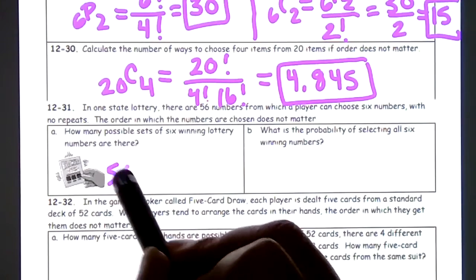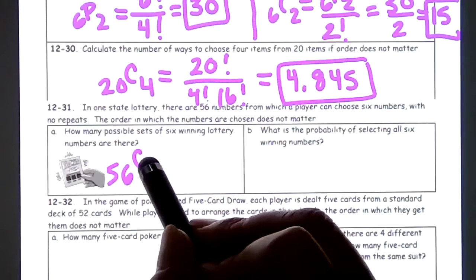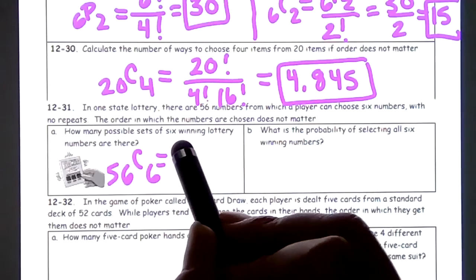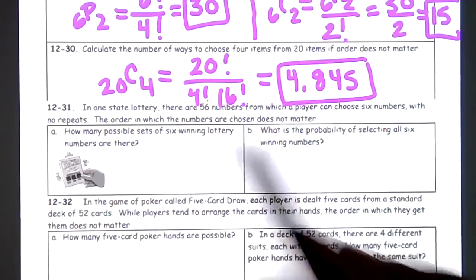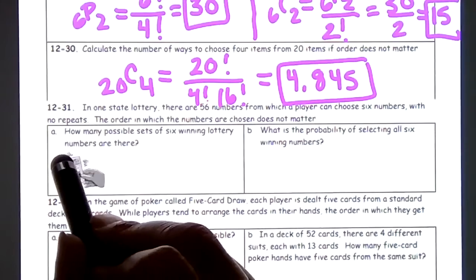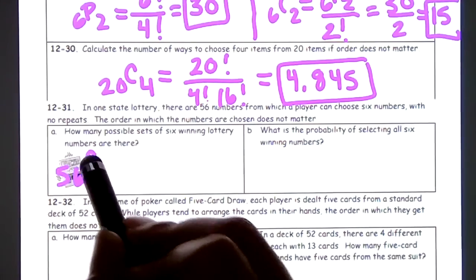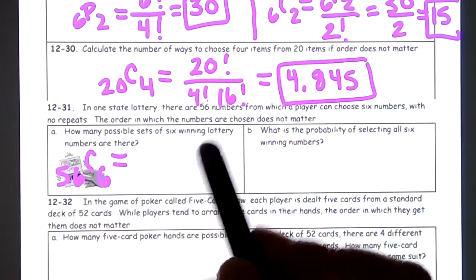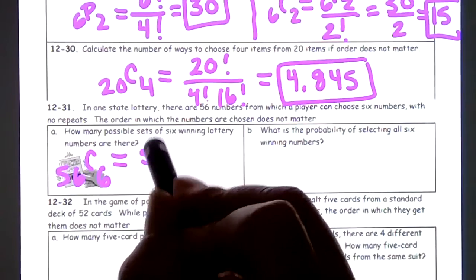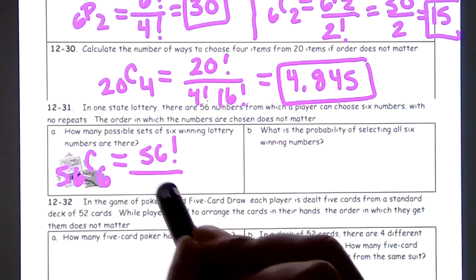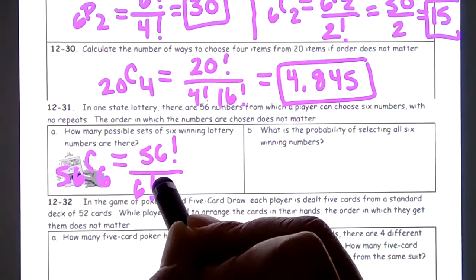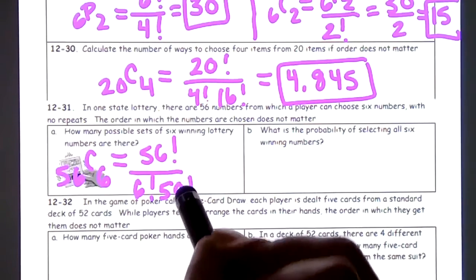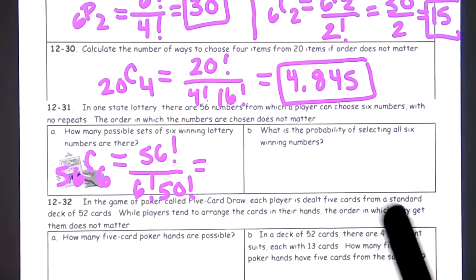So 56 choose 6, which is equal to 56 factorial over 6 factorial times 50 factorial.